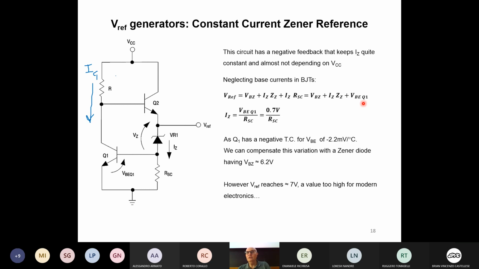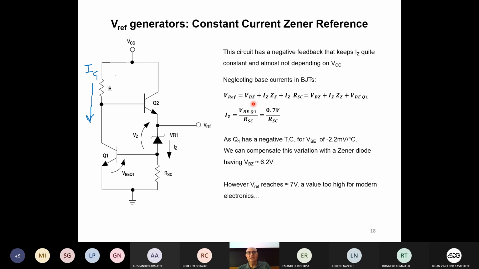So if we don't do anything, when the temperature increases, VB will decrease and VREF will decrease. But if we choose a Zener diode of 6.2 volts, we know that the VZ has a plus 2.2 millivolts per Celsius voltage variation with temperature.